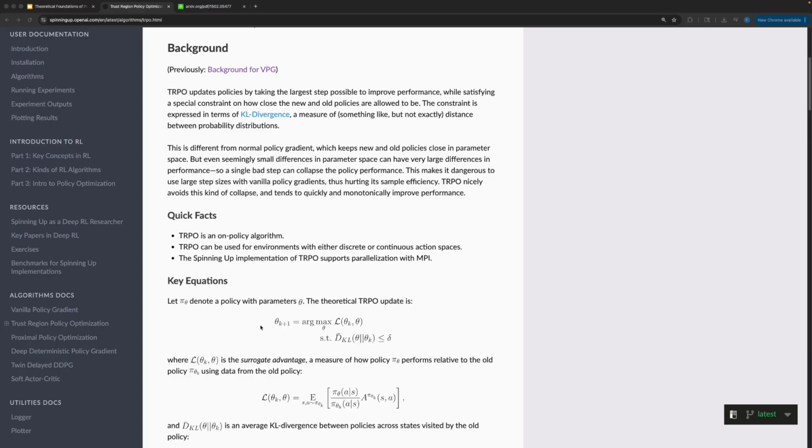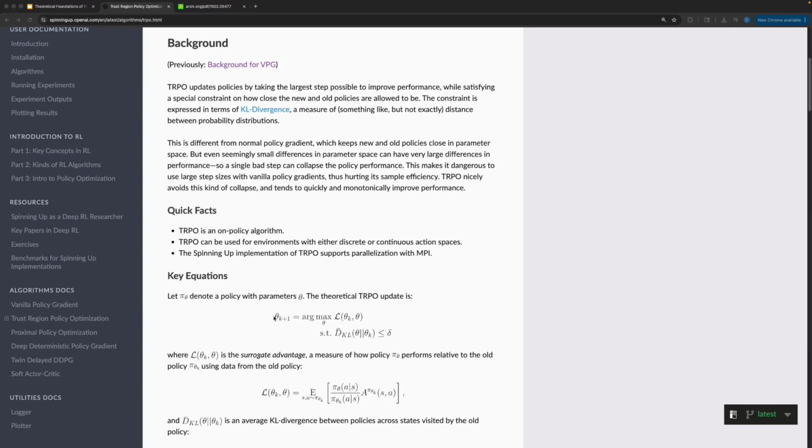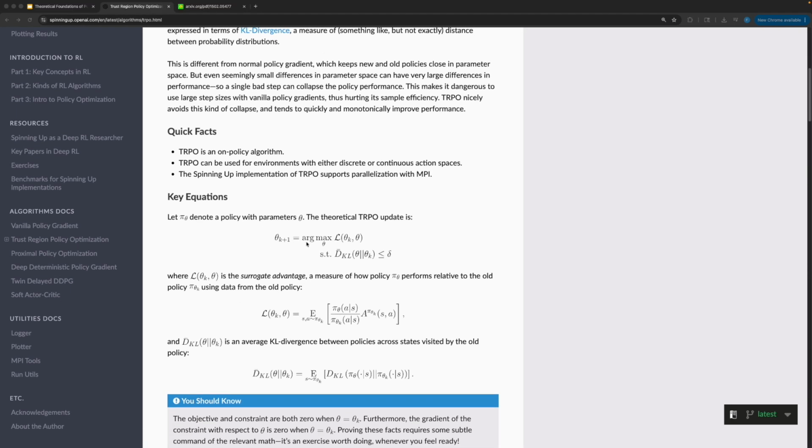So the key equation is that it tries to update its parameters by optimizing a surrogate of the objective, which is equivalent to the first order to our objective, which is maximizing the expected rewards, while ensuring a condition that the average KL divergence between the policies implied by the last and the new parameters is less than some delta.